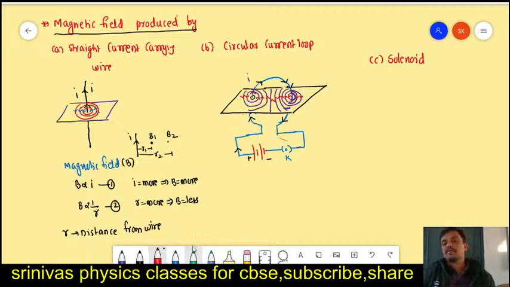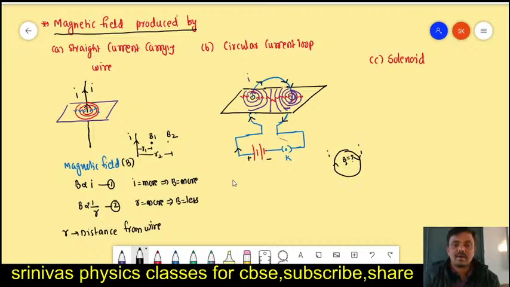This you should remember. In the textbook also you will find the diagram. This is a current carrying wire, and I want the magnetic field at the center. Around the current carrying wire, field will be produced.